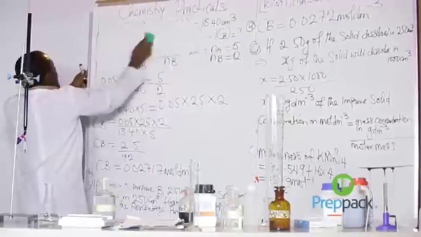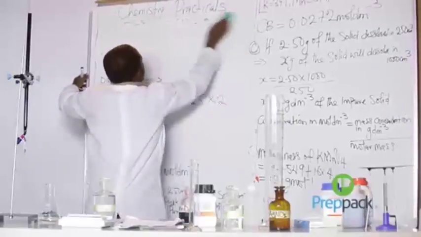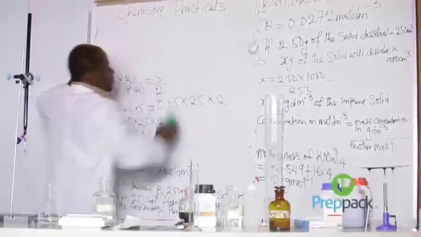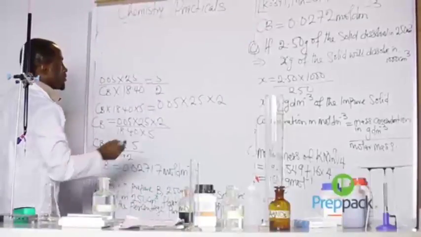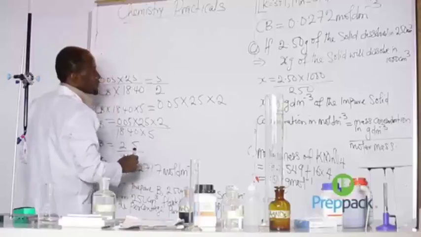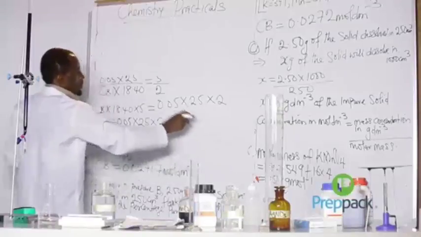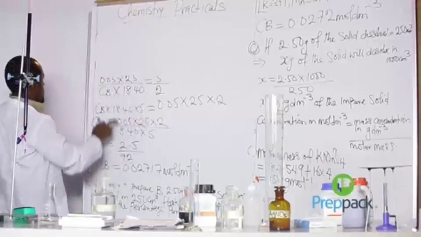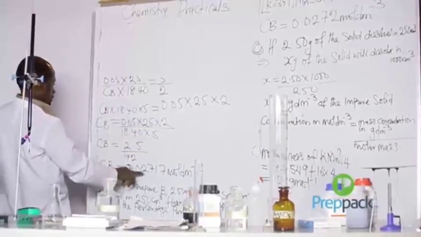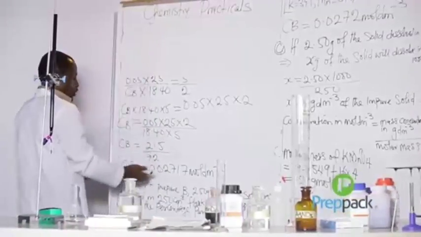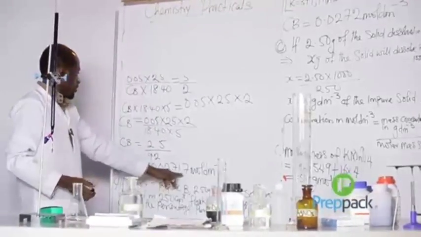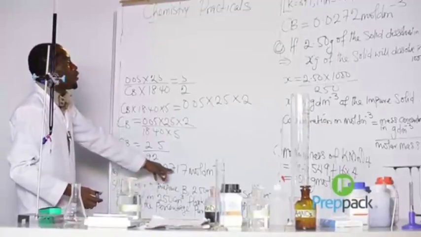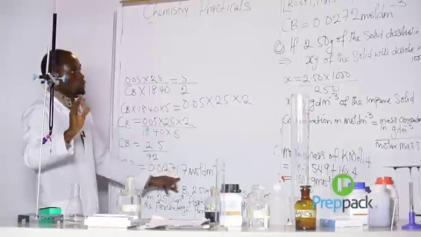The concentration of B is 0.02717, which was the raw value.